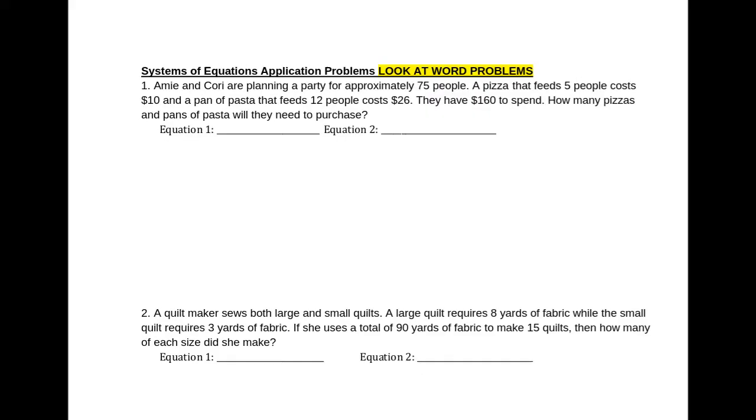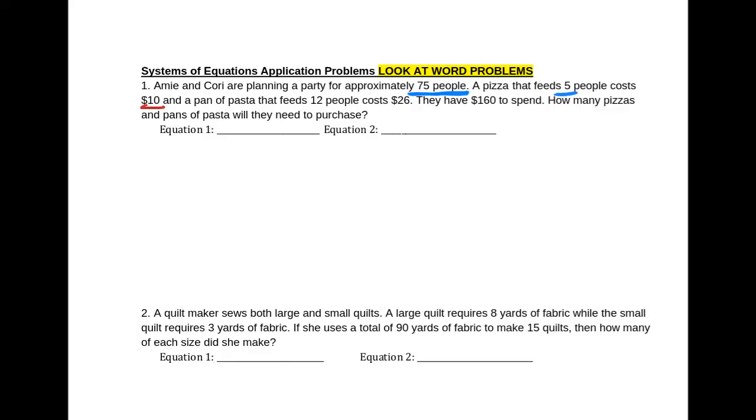Amy and Corey are planning a party for approximately 75 people. Okay? 75 people. A pizza that feeds 5 people costs $10. 5 people, and it costs $10.